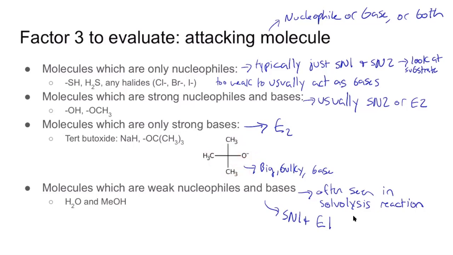So because of the different factors impacting the E2 reaction, I think that's why it can still occur in both polar protic and polar aprotic solutions. Does that make sense? Yeah, that makes sense. Thank you. Yeah, my pleasure.